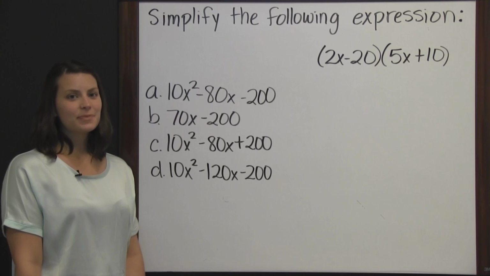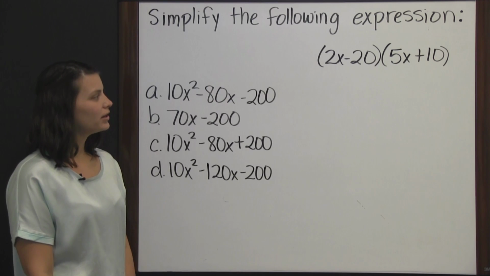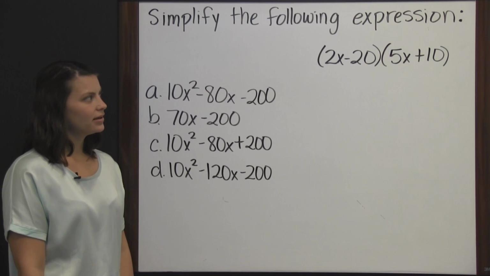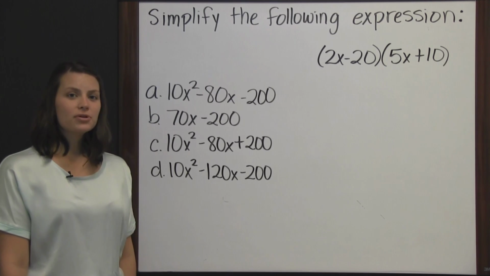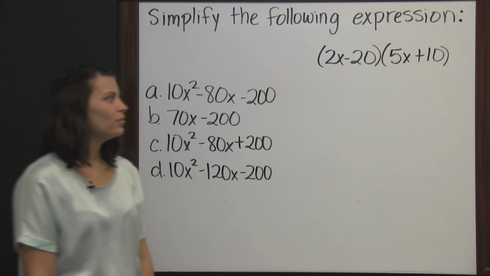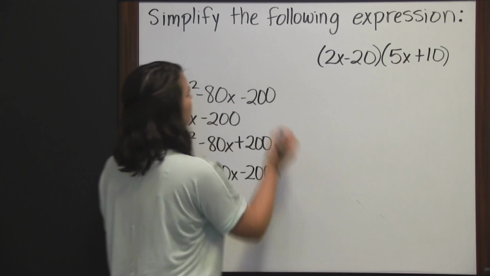Simplify the following expression. The quantity 2x minus 20 times the quantity 5x plus 10. To multiply these 2 binomials, we can use a method called FOIL.